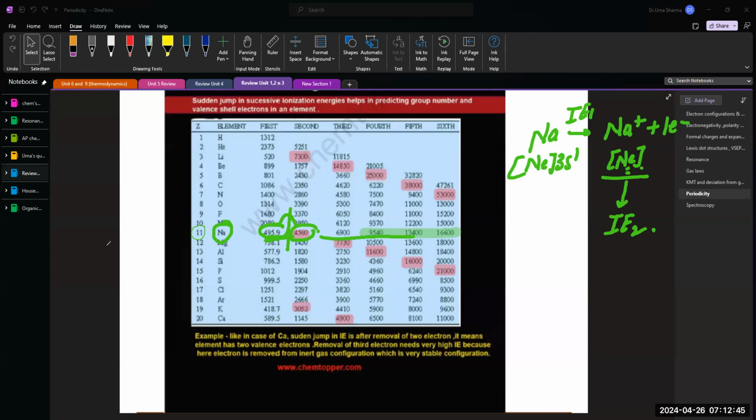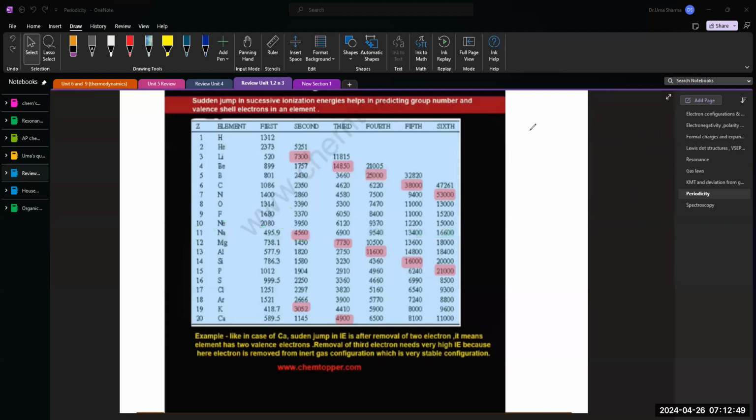So I'm giving you one question here. Ready? There is an element, eyes on the periodic table. There is an element in period number 2. Element, I'm marking it as A, and is undergoing successive ionization like this.